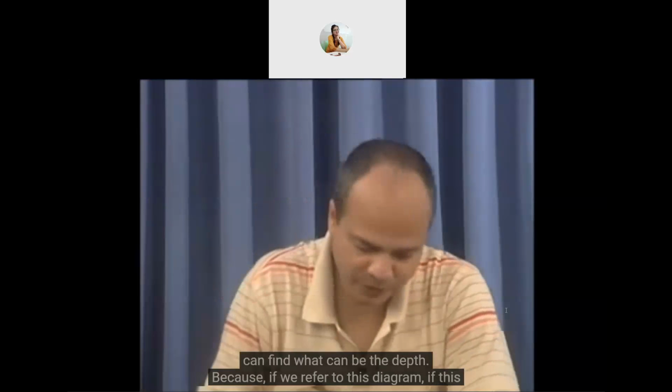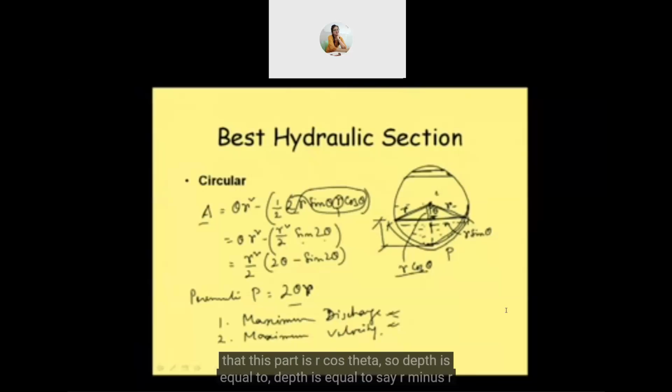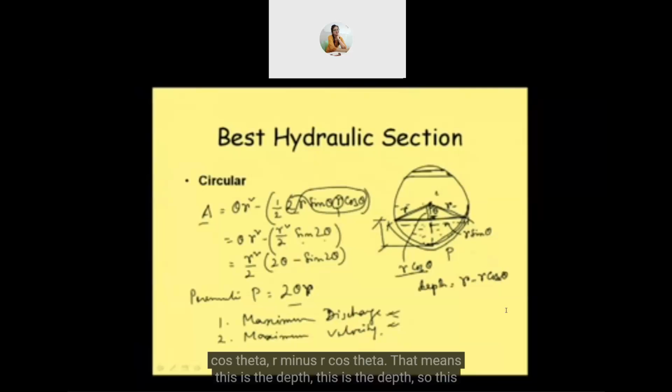Because if we refer to this diagram, if this theta is known to us, from this theta we can find where this depth will be. That can be found out easily, because from here to here it is the radius, and so we know that this part is r cos theta. So depth is equal to r minus r cos theta. That means this is the depth. So this depth can be found out easily once we can find the theta.